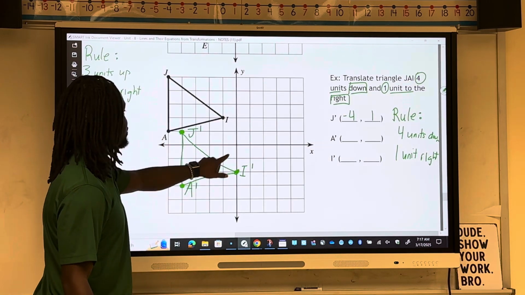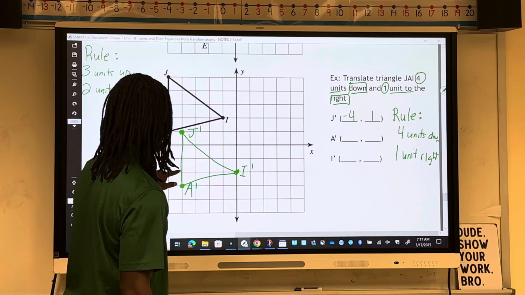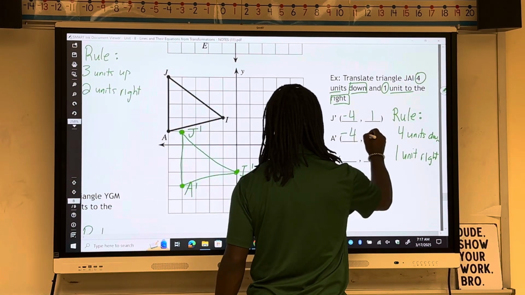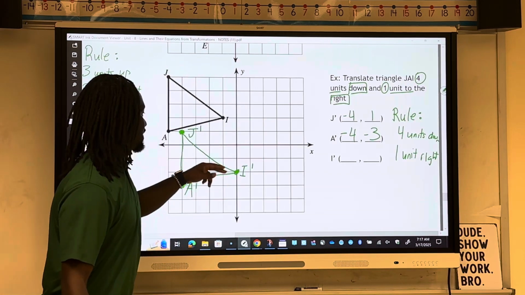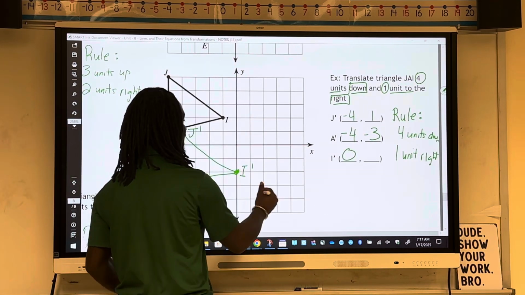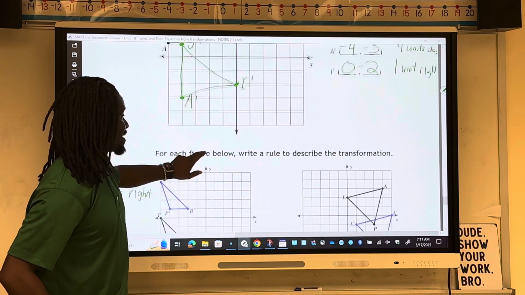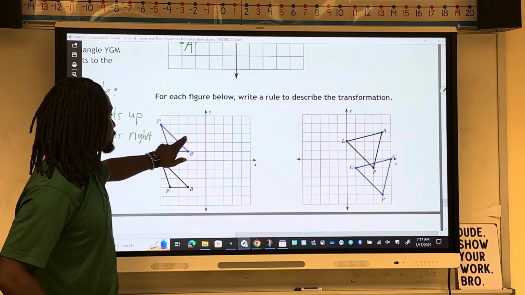For A, 1, 2, 3, 4, down 1, 2, 3. So it's -4, -3. And then for I, we don't move left or right. We go down, so 0, -2. All right. And so that is how we translate figures on the coordinate plane.